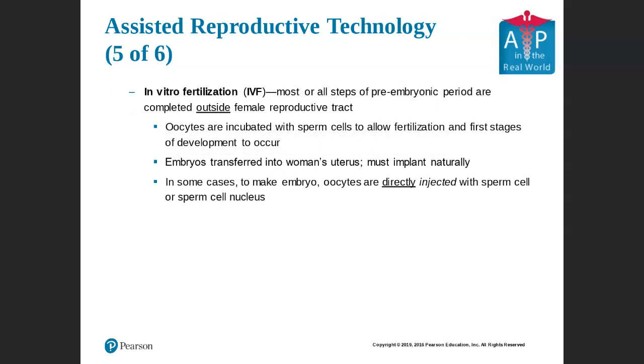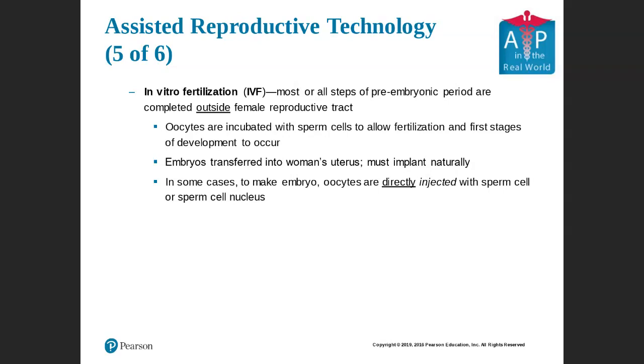In vitro fertilization. Most or all steps of the pre-embryonic period are completed outside the female's own reproductive tract. So that's why it's called in vitro. In vitro means in the test tube.